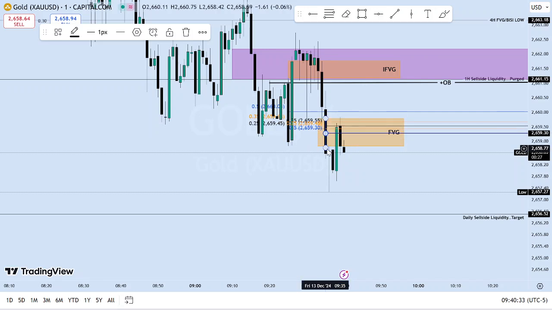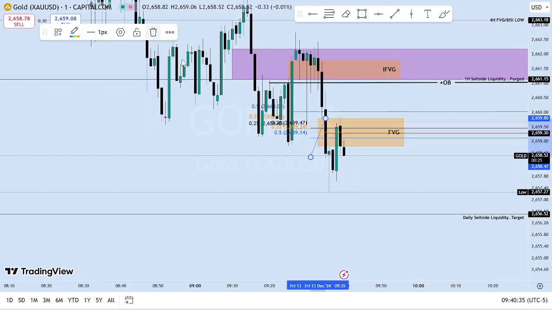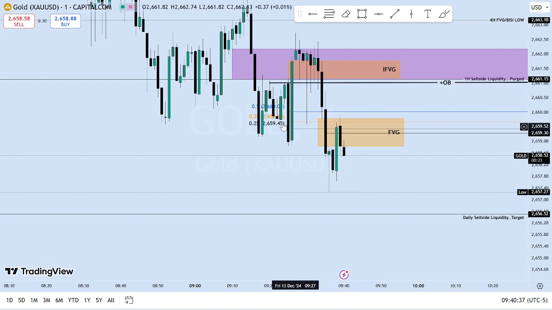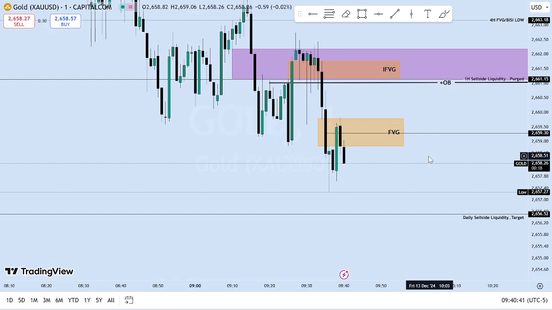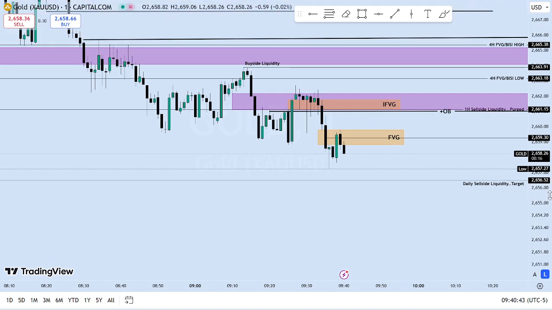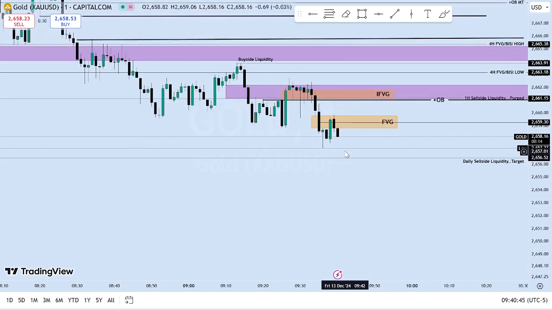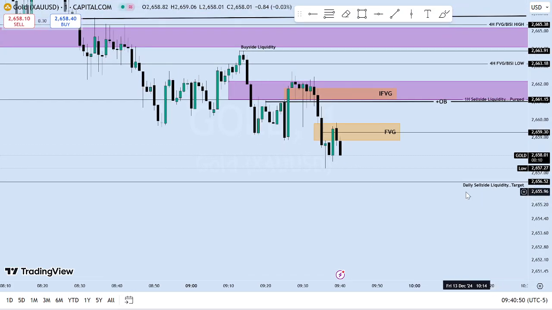That's 50% of the inefficiency. This is why the breaker is this. Want to see price take this, the daily sell side liquidity.